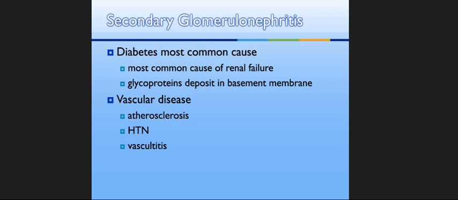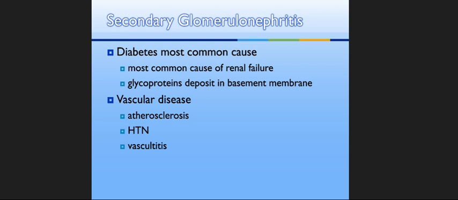And remember, glomerulonephritis is the third cause of chronic kidney disease. But remember that DM itself, which is the first cause, also commonly causes the third cause of chronic kidney disease.